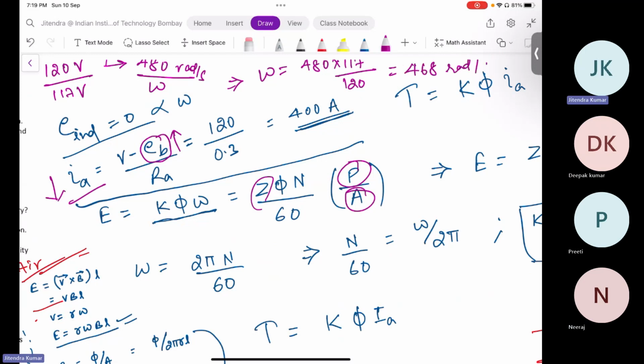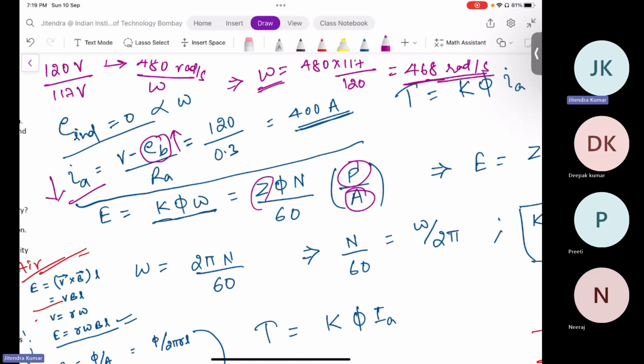468 radian per second. Are you able to see the instant effect of this loading? As you increase just 10 amps in the circuit, from 0 to 10, your speed reduced from 480 radian per second to 468 radian per second. You are just providing load and your speed is getting reduced.